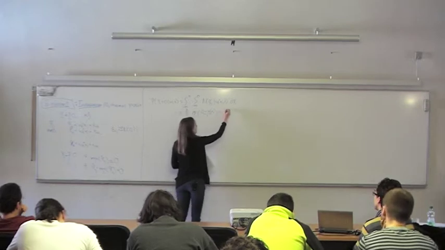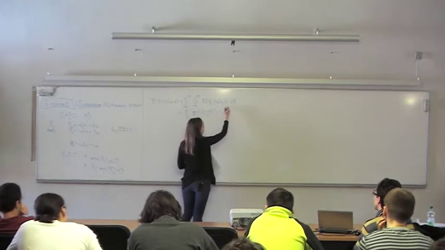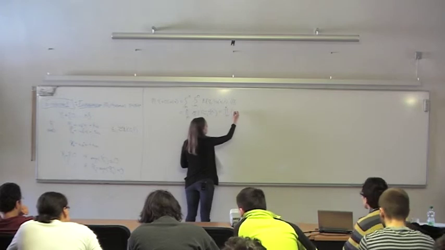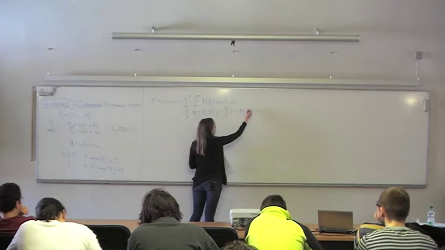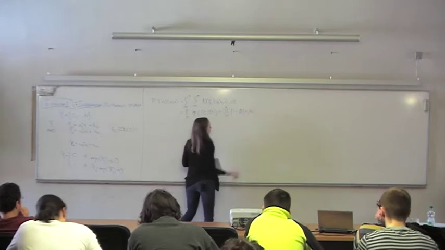This is equal to the product from j equal 1 to k of 1 minus phi of wj transpose xi.